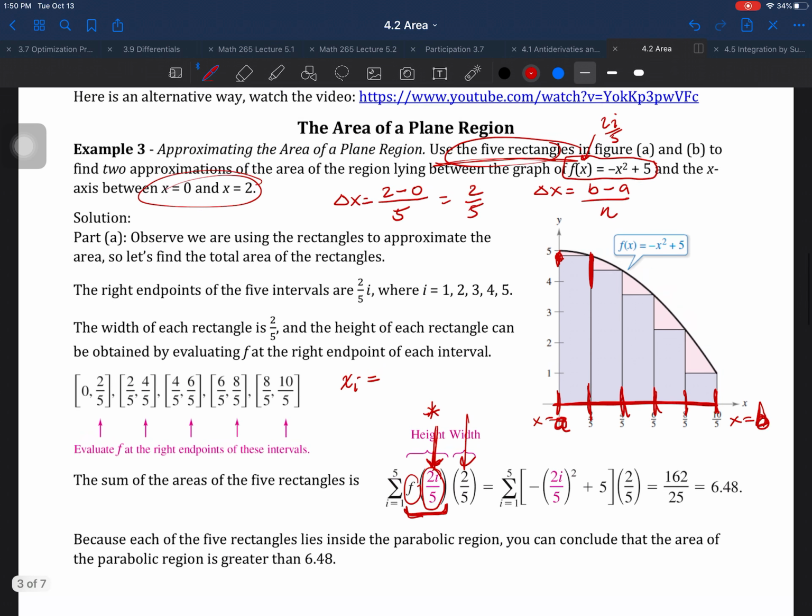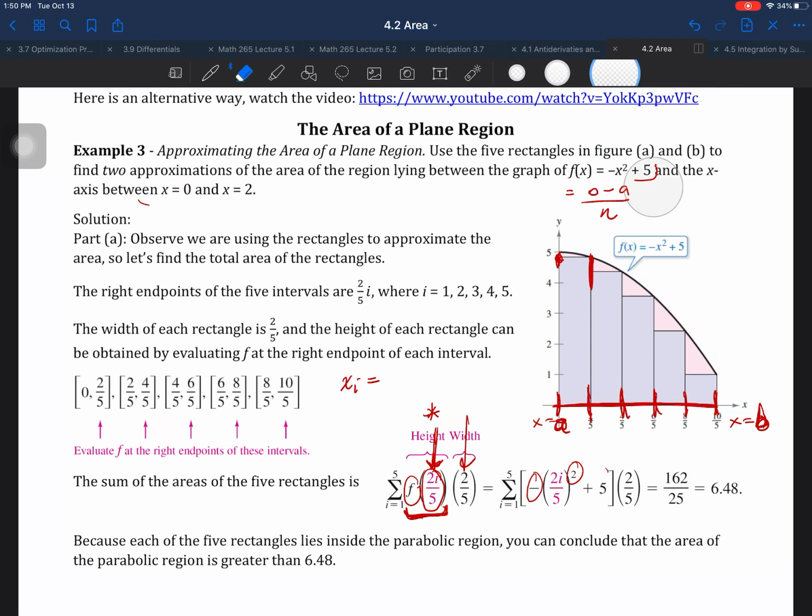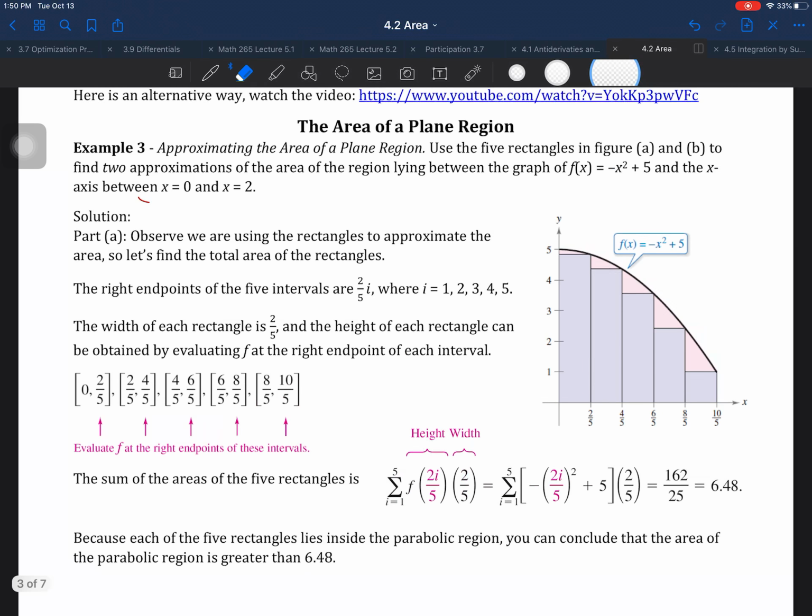All you're doing is replacing x with 2i over 5. So you have a minus in front of it, you have a square there, and you have the plus 5 there. So that's the part of evaluating at f. All right, so I'm going to erase this just because I want to keep it clean for you guys to make your own notes.